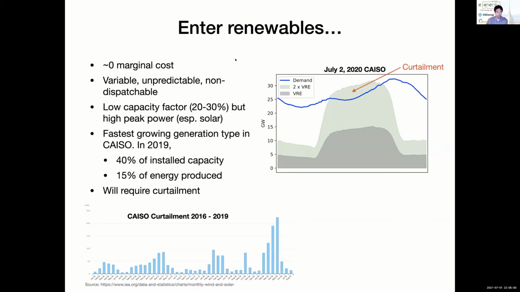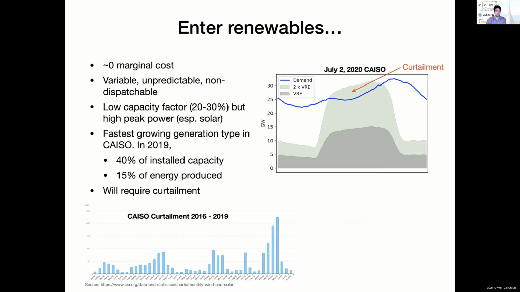However, they're variable, unpredictable, and non-dispatchable. In addition, there's a low capacity factor. So per year, only 20 or 30% of their maximum energy is actually produced, but they produce a high peak power. And so this generation profile introduces some interesting complications.